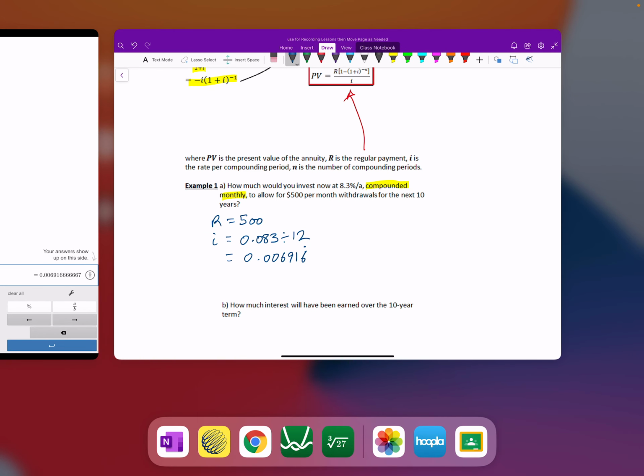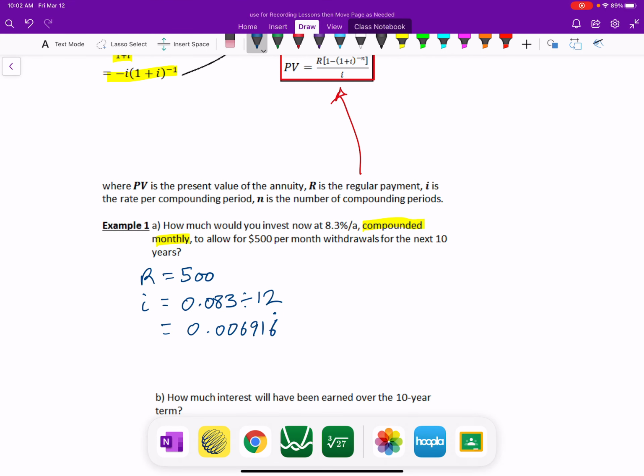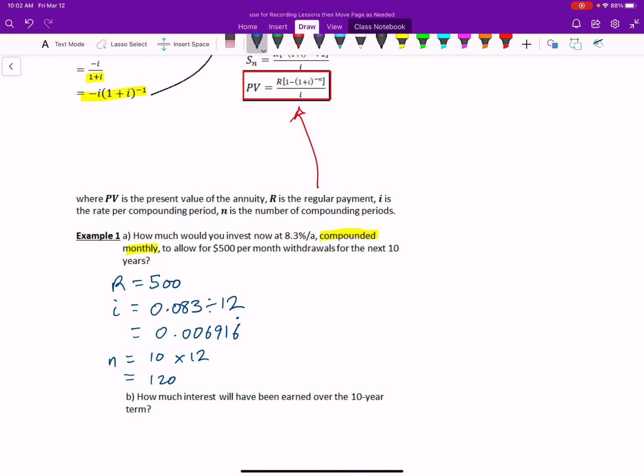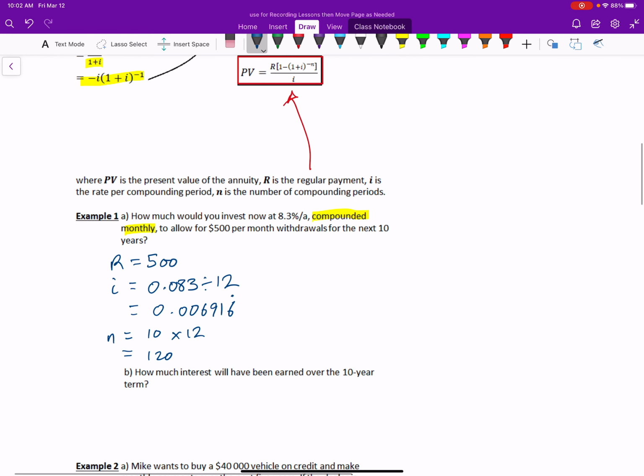Let's make sure I got that right. I think I did. And n is going to be 10 years times 12 months per year, so 120 payments. So how much do you need to invest now so that 10 years from now you can take out $500 per month for the next 10 years?